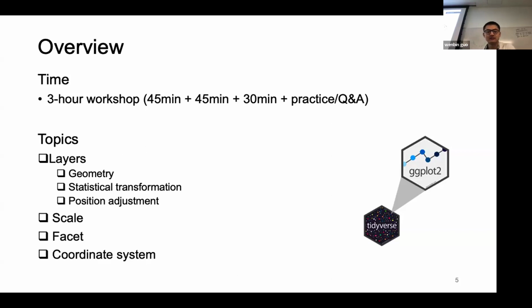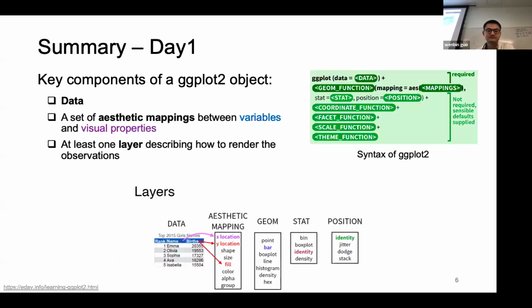Lastly, today we are going to talk about coordinate systems. Based on the coordinate system, we can do some interesting things, for example, convert a bar plot into a pie plot.